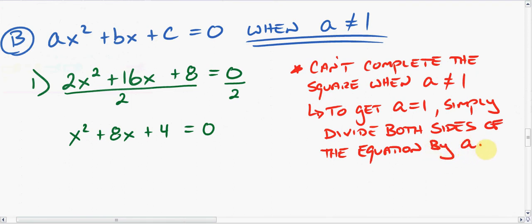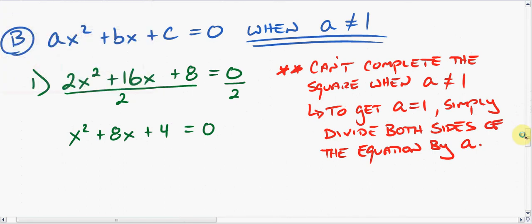And the reason I've taken the time to write this down is a lot of students forget to divide by that a value, that leading coefficient. They'll try and complete the square without dividing first. So it's really important that you remember to divide by that leading coefficient first in order to complete the square.